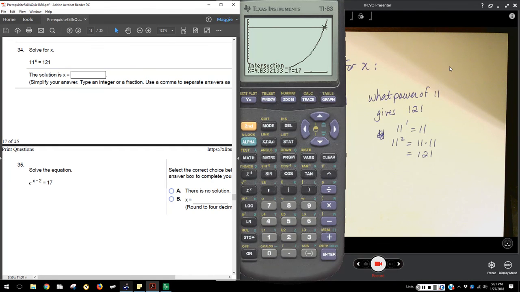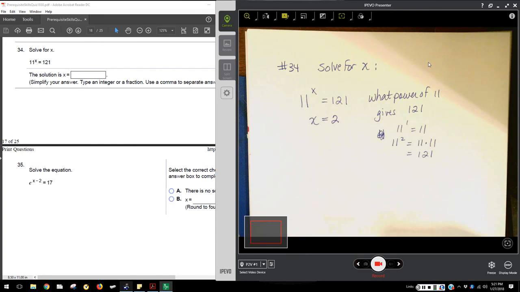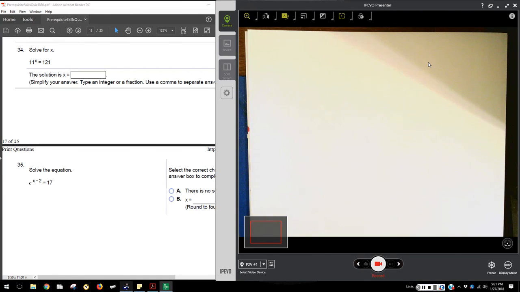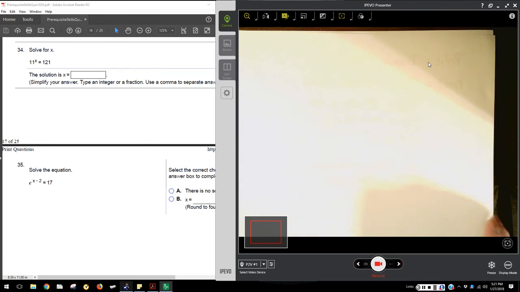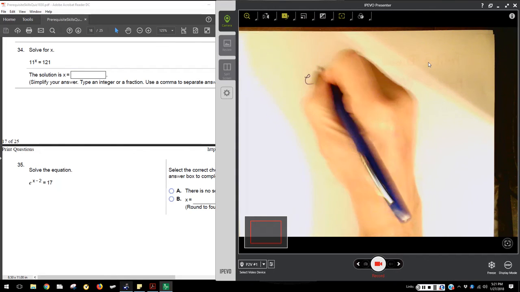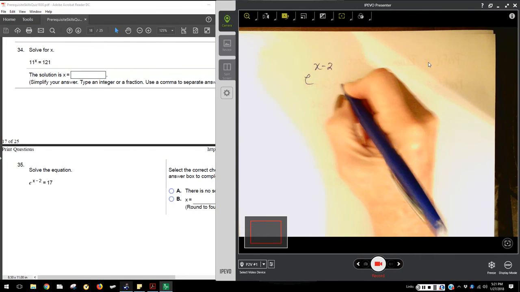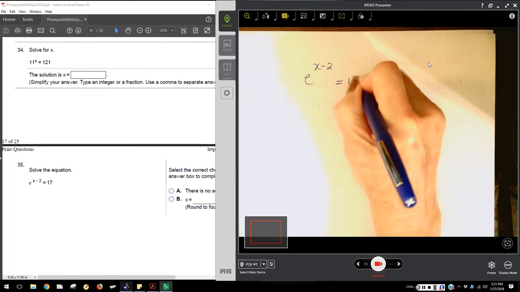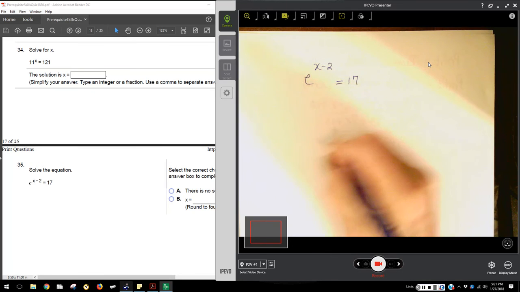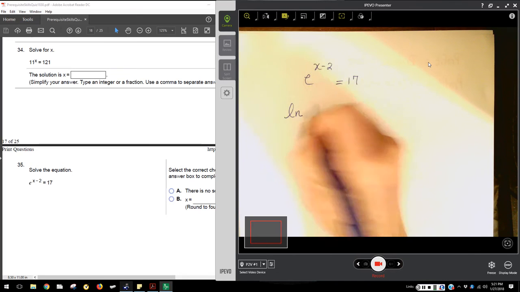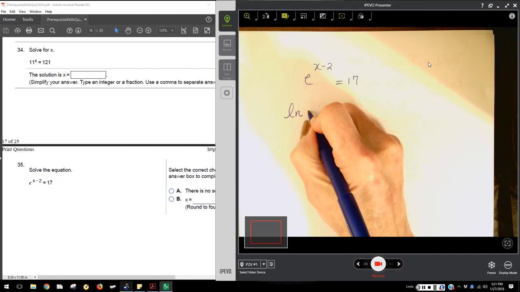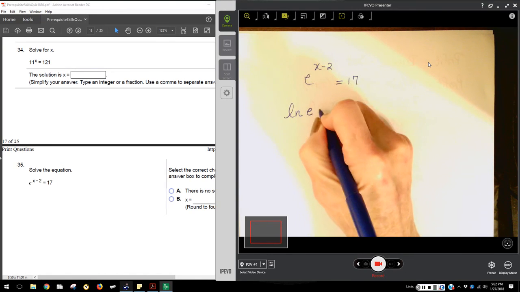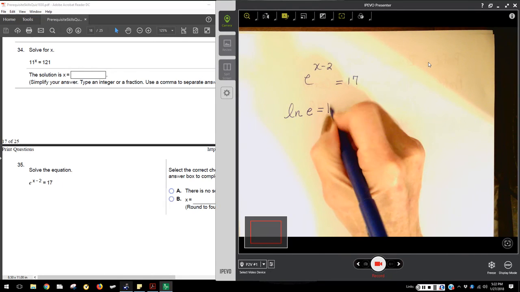Now, if you want to talk about the algebraic solution of that one, and we could have employed something similar on number 34, we just didn't. The algebraic solution for e to the x minus 2 equals 17 is based on the fact that the natural logarithm is the base e logarithm, and the natural logarithm of e is 1.